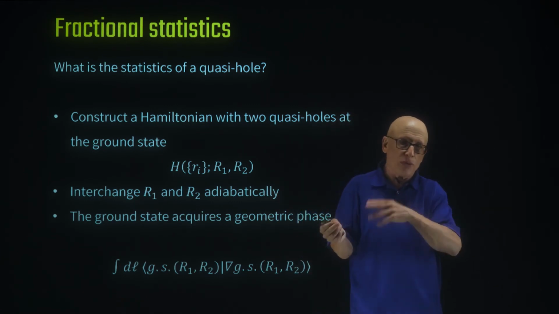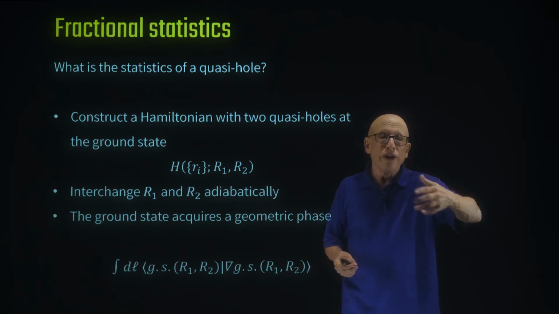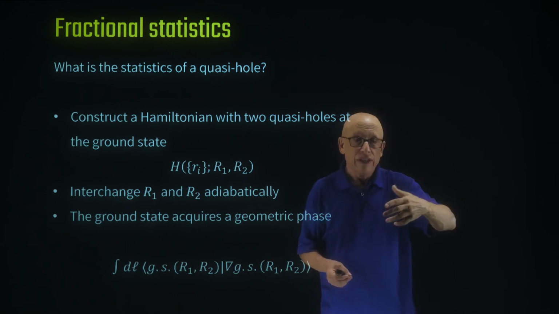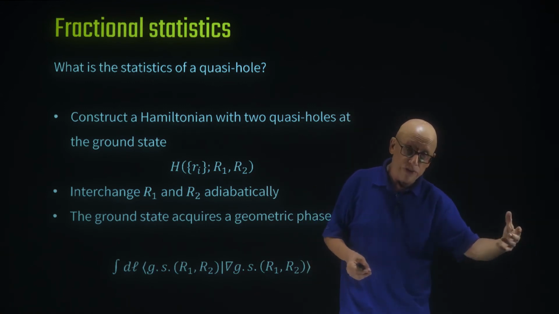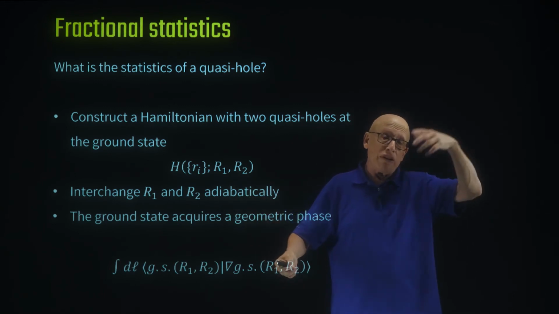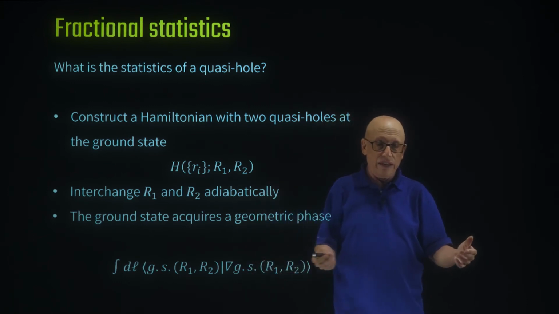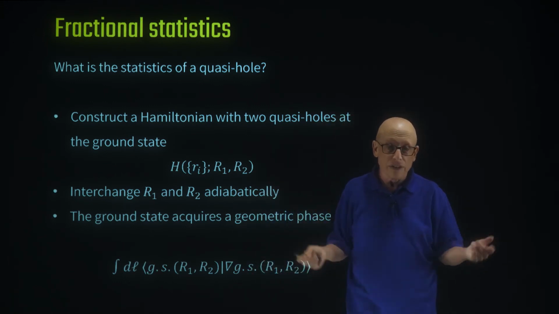And one reason why it's a world of difference is when you look at statistical mechanics. Statistical mechanics of fermions is very, very different from that of bosons. This is why fermions form metals and bosons form Bose-Einstein condensates.